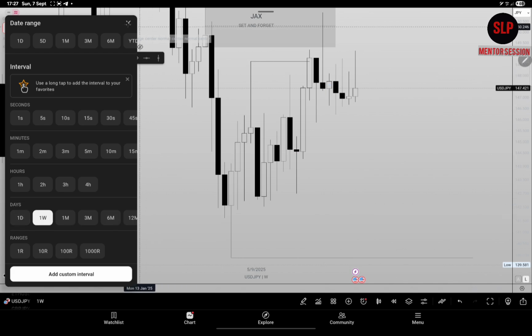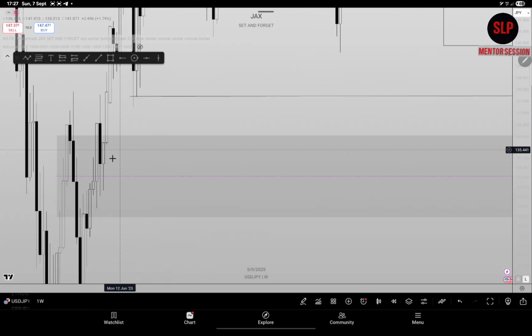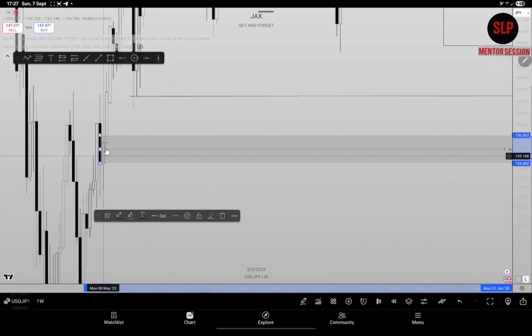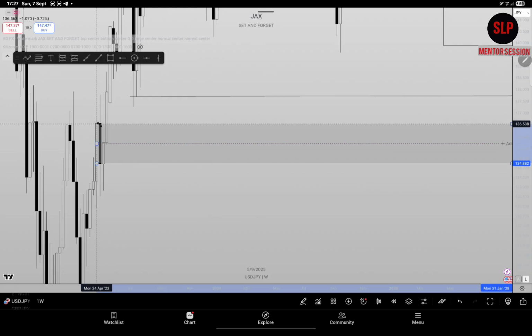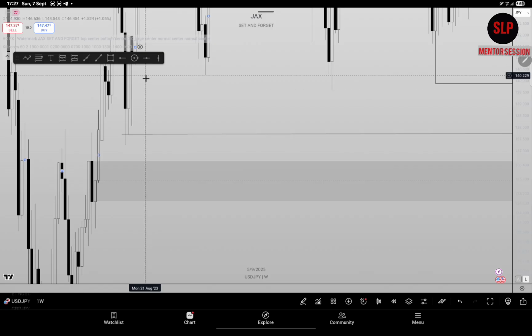On this 1 week time frame, you can also see that you can refine this 1 month. Yeah, this was the 1 month point of interest. You can see that you can refine it and concentrate it on this body. Price mitigated the week to create this. So consider this liquidity and the body still fresh.